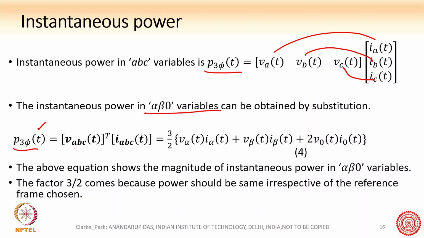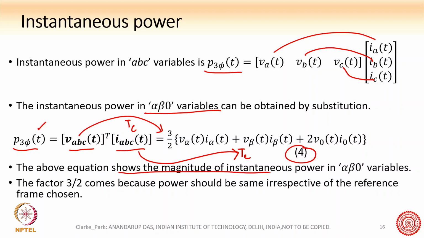So it is V ABC transpose times I ABC. Writing it in matrix form, and then converting through Clarke's transformation matrix from ABC to alpha beta, I write this. This equation number 4 shows the magnitude of instantaneous power in alpha beta 0 variables.